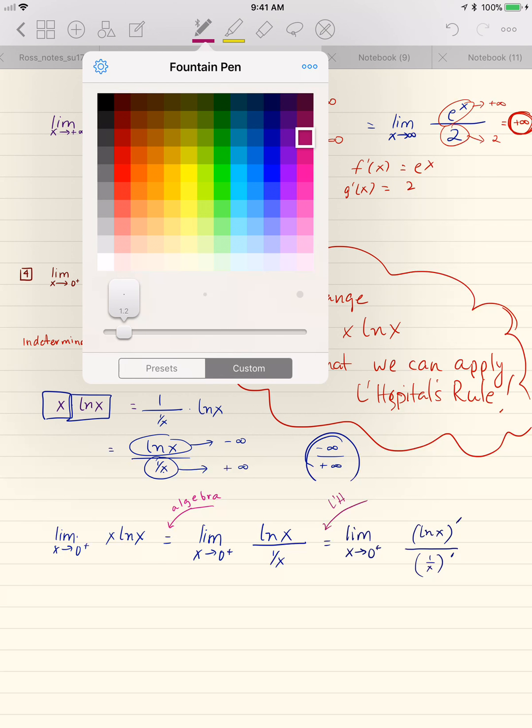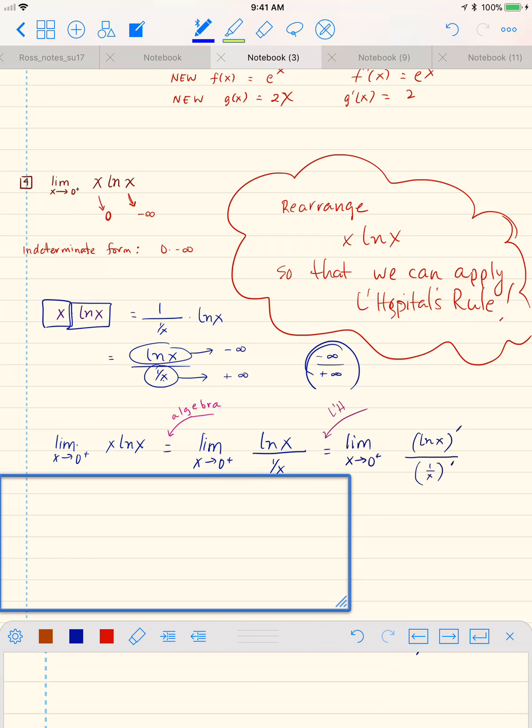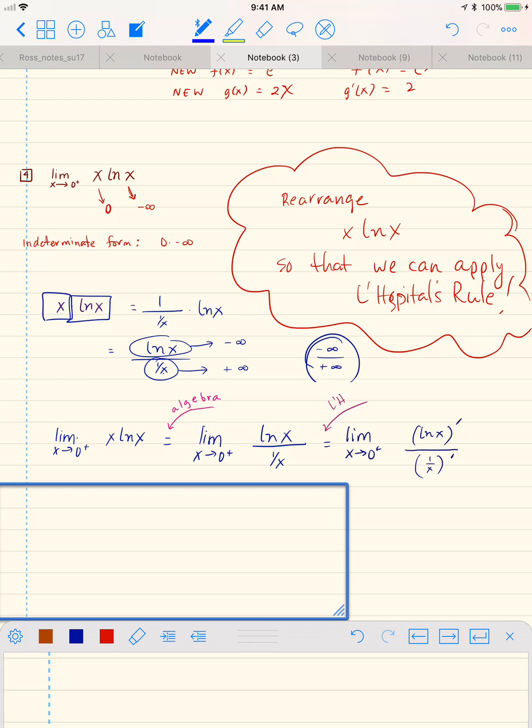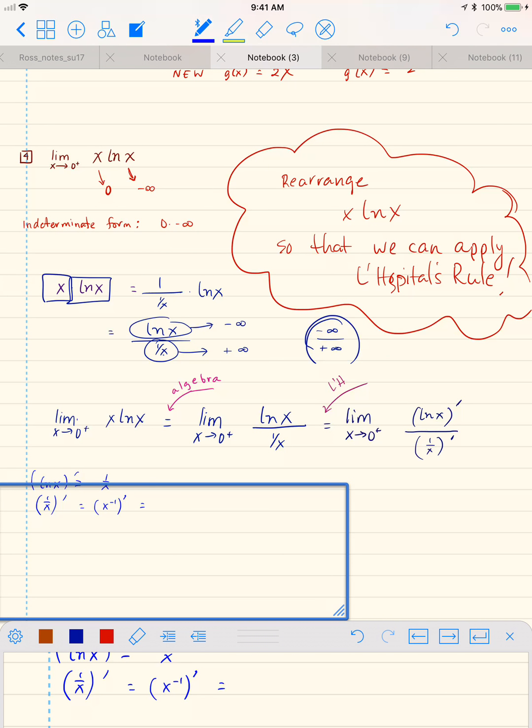So what do we need to do? We need to get cracking with computing our derivatives. Okay, so I'm going to go over here in the corner and say, what is ln x prime? Well, the derivative of natural log of x is just going to be 1 over x. And now what about 1 over x prime? I'm just going to rewrite it as x to the negative 1. Now I can use my power rule to get negative x to the negative 2.